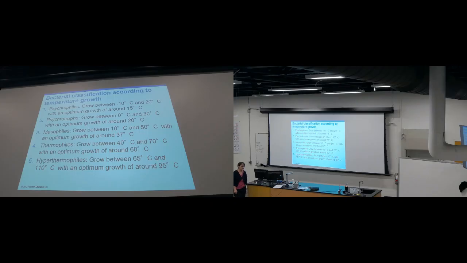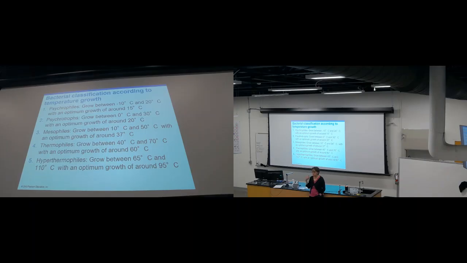These mesophiles are the type of bacteria that we normally have in our body, because our body temperature typically is 37 degrees Celsius. Most of the normal flora, the beneficial bacteria we have in our body, are mesophiles. And the same for pathogens.